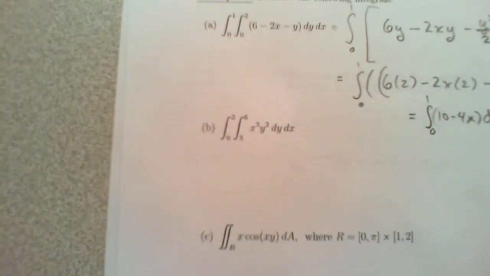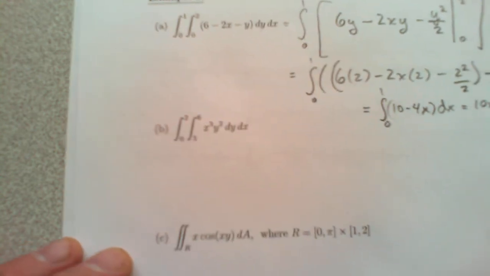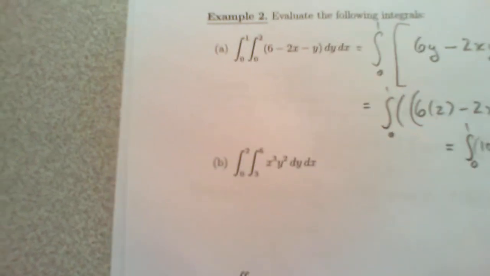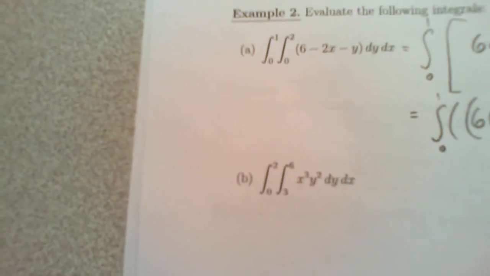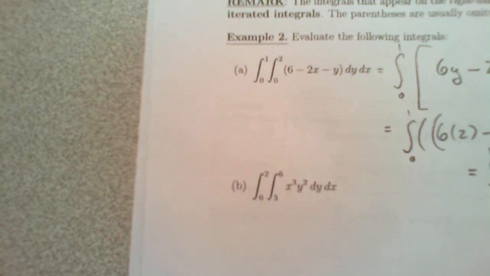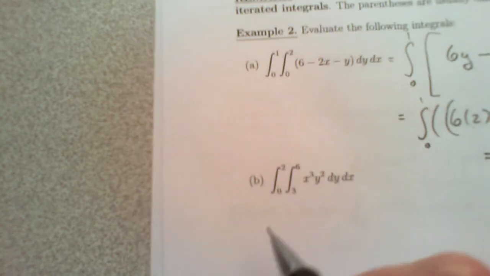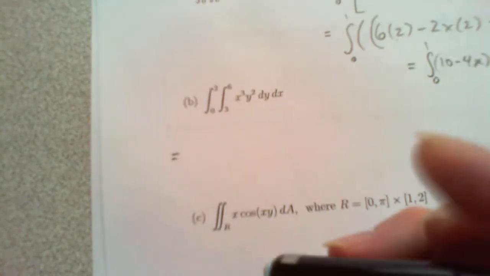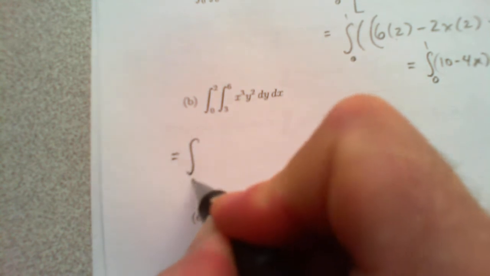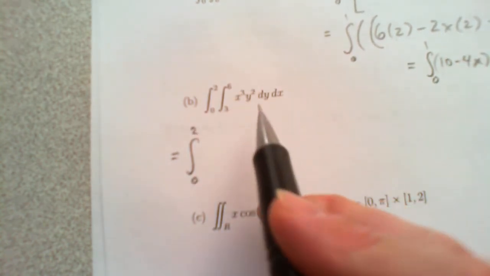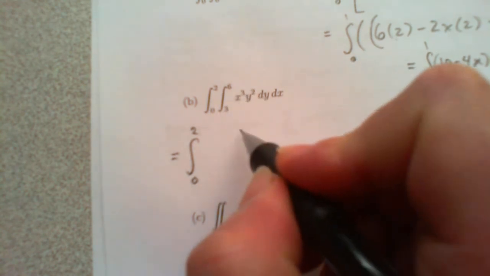All right, let's look at another one here. Now you have the integral of x cubed y squared dy dx. So this is equal to, I leave the outside integral alone, 0 to 2. The inner integral, integrating with respect to y, x is a constant.